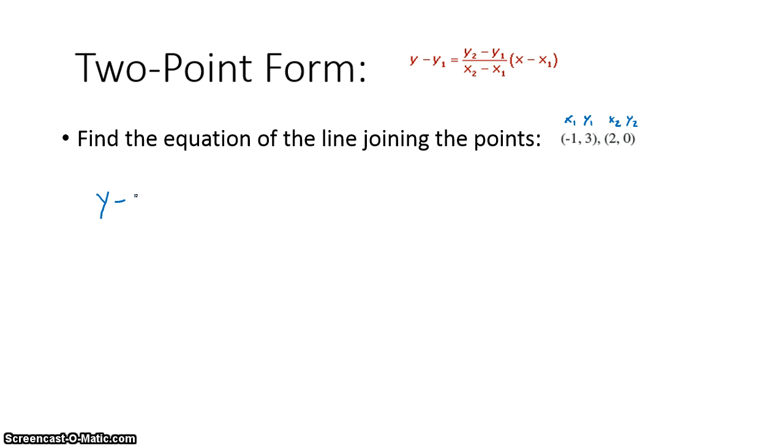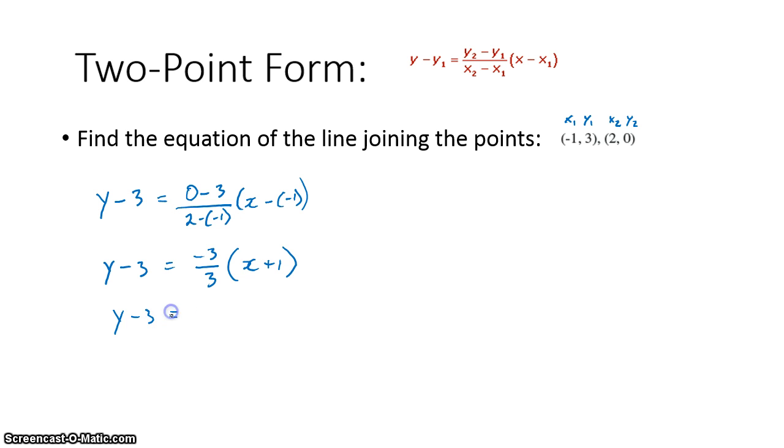Y minus 3 equals y2 is 0, take 3 over x2 is 2 minus negative 1, multiplied by x minus negative 1. Y minus 3 equals negative 3 over 3 times x plus 1. Negative 3 over 3 is just negative 1, so it's going to be easy. Y minus 3 equals, if I expand negative 1, I've got negative x, take 1. Add 3 to each side. Y equals negative x plus 2.